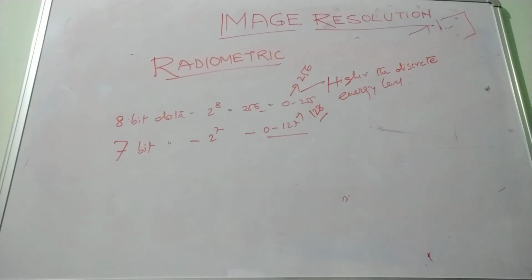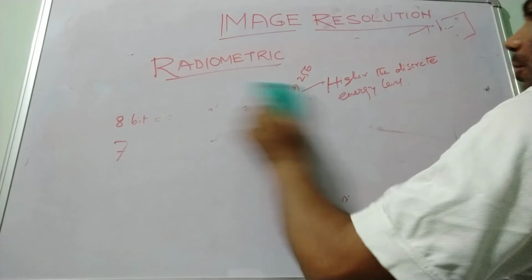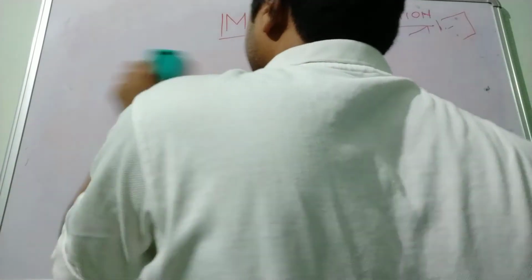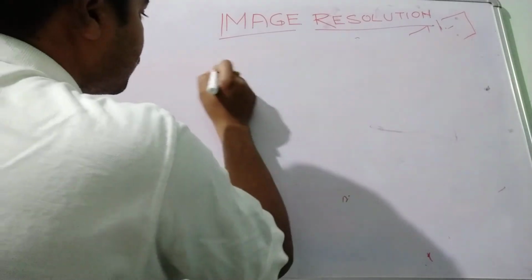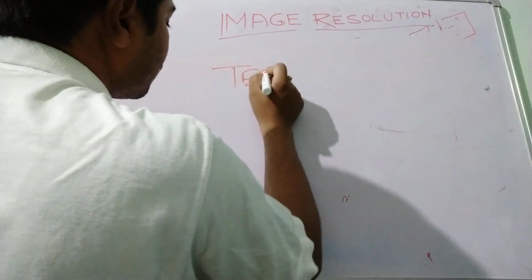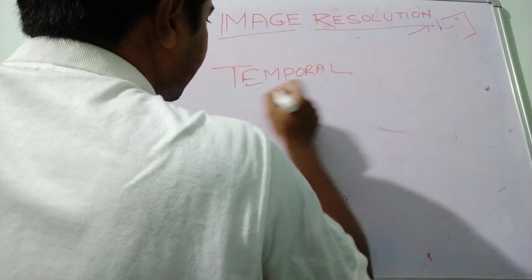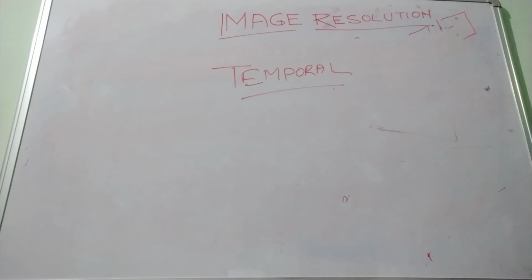And the last one is the temporal resolution. It is defined as the proficiency of the satellite to return and collect the data of exactly the same area at the same viewing angle.